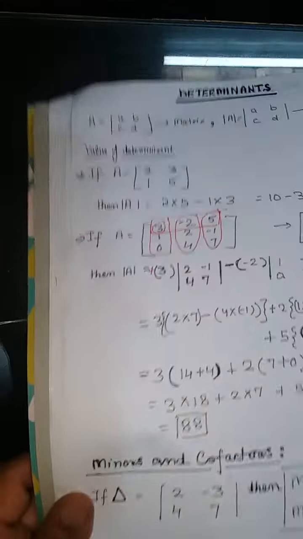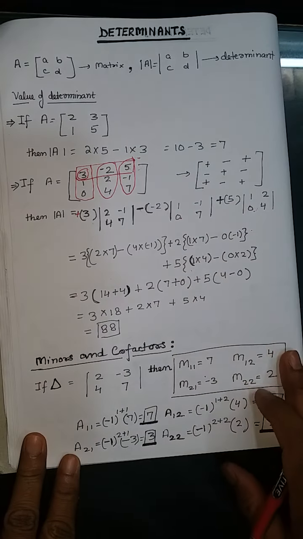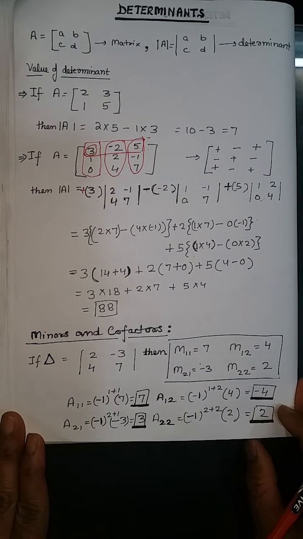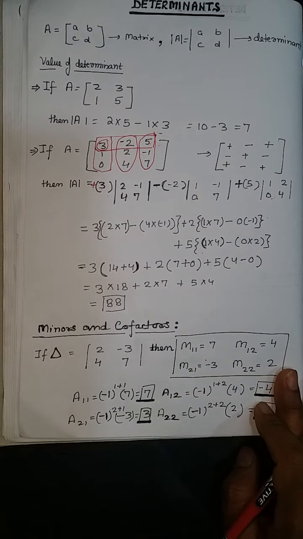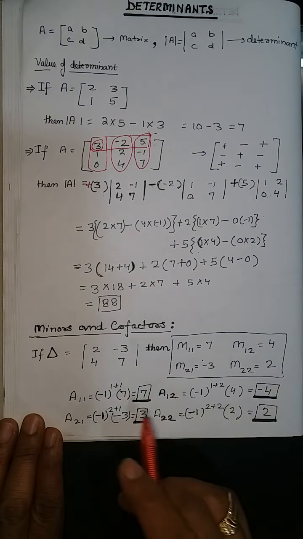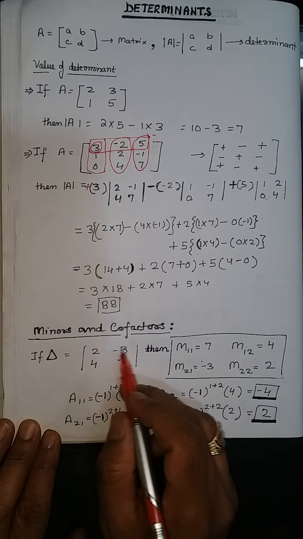Now see what are minors and cofactors. Suppose any determinant is given. So what will the minor be? Suppose a 2 by 2 order is given here.